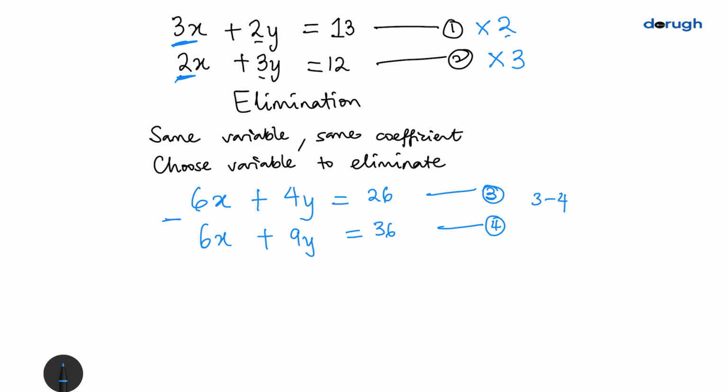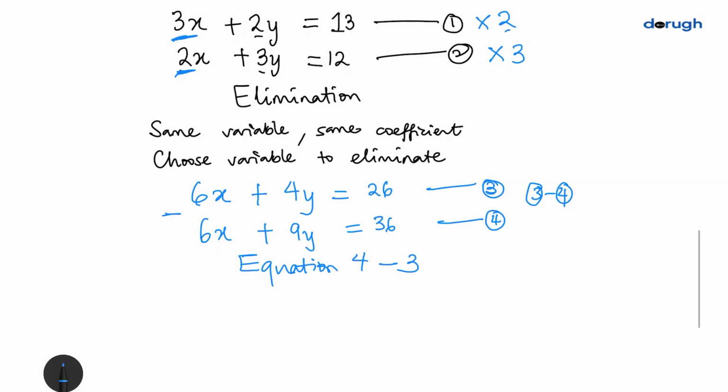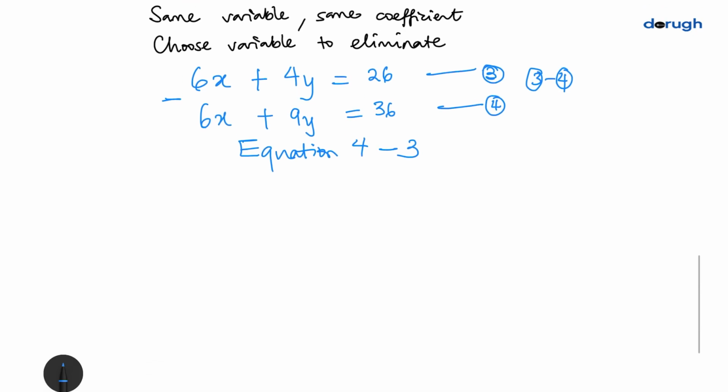If you look at it, the values in equation 4 are bigger than the values in equation 3, so we can flip it. We can decide to do equation 4 minus equation 3, just so that we don't end up with a lot of negative values. If you decide to do equation 3 minus equation 4, it will still work and you still get the right answer. It's just that this way is less tedious.